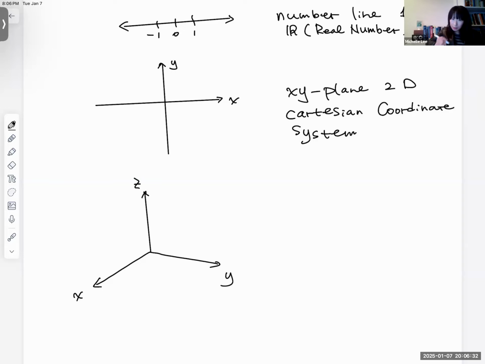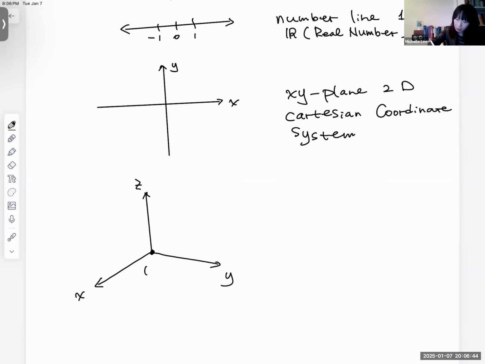So this is the origin, which is 0, 0, 0, right? We have an ordered pair, for example 1, 2. We call this an ordered pair, right?